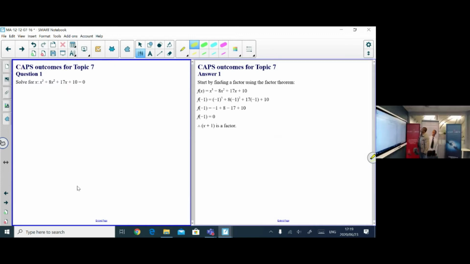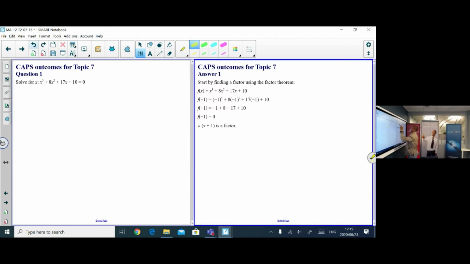So, solve for x if you have a cubic function like that, which is actually an equation. In my solution there, I wrote that you must start by finding a factor using the factor theorem. So you make your educated guess, and in this case, I try to use x plus 1.